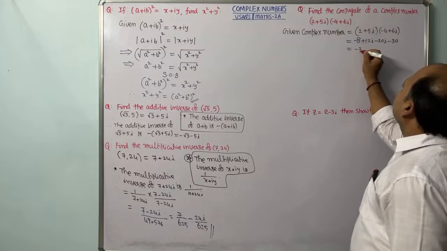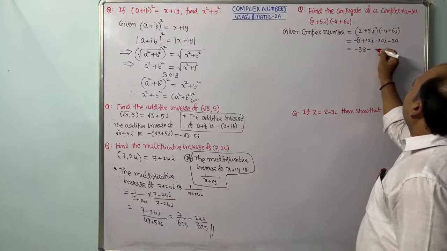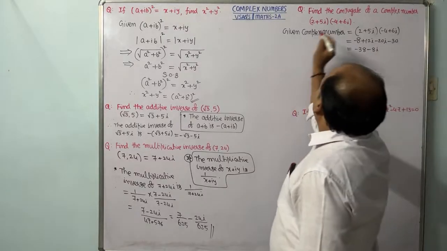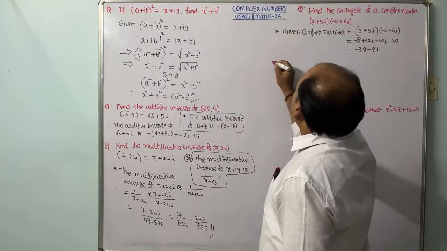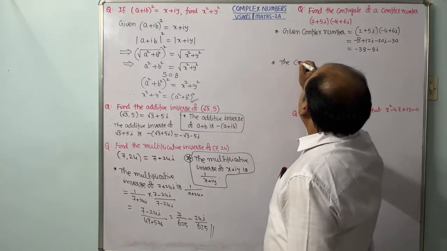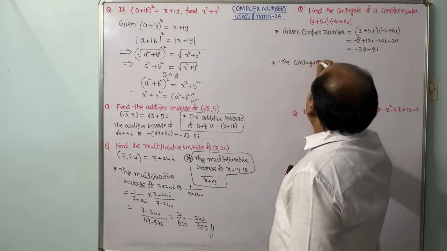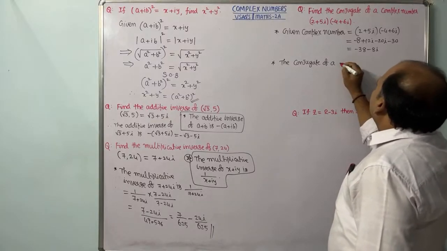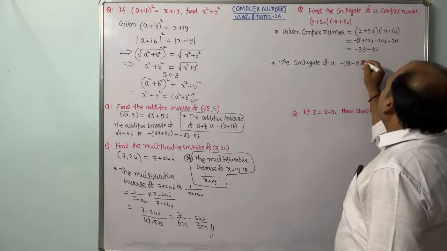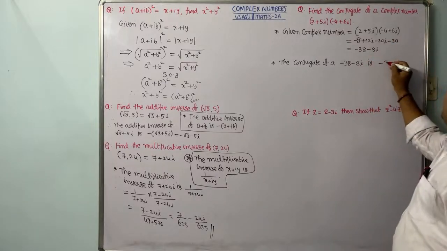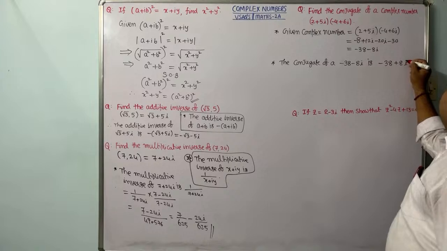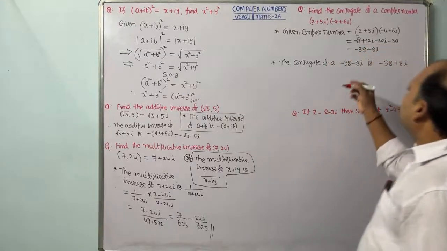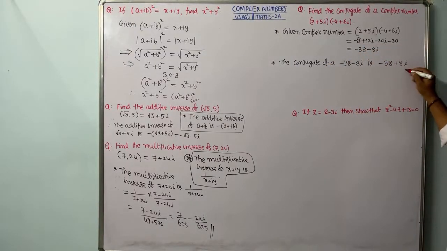Which is equal to minus 38 minus 8i. Okay, students. This is the complex number. For the conjugate, the conjugate of minus 38 minus 8i is minus 38 plus 8i. For a plus ib, the conjugate is a minus ib. So for this, minus 38 plus 8i.